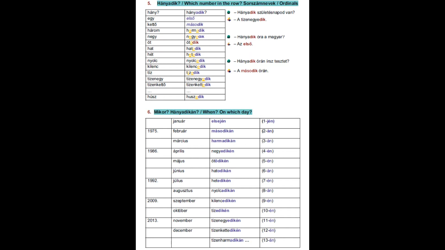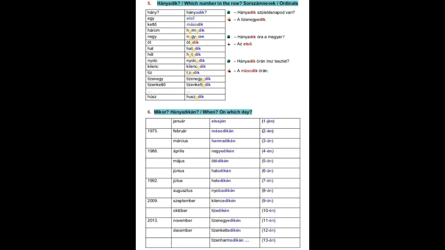2013-án, november 11-én. Because the 11th is 11, and the word in Hungarian for on the 11th is 11-én.